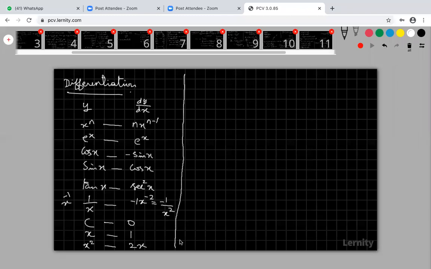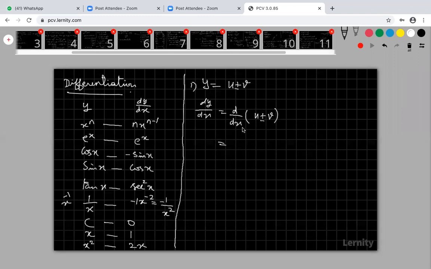Right. Suppose two functions are like that. These are the results. y is equal to u plus v, u is a function of x, v is also a function of x. Then how to differentiate that? dy by dx is d by dx of u plus v, or u minus v.